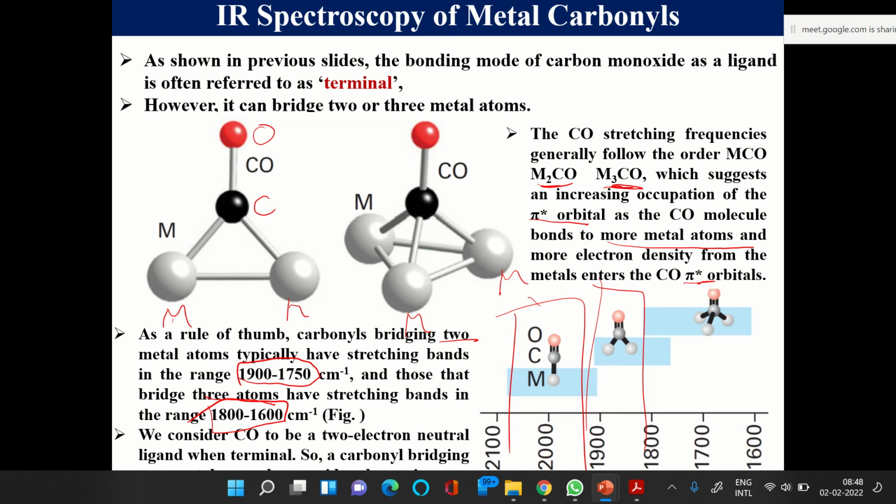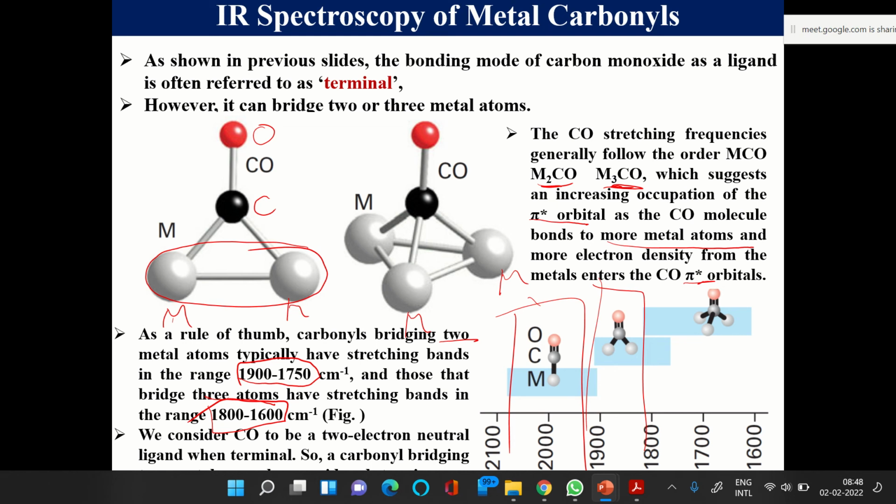You can also think of it this way: CO is considered to be a 2 electron donor neutral ligand. If it is coordinating with one metal atom, then 2 electrons are donated to one metal. If it is bridging like this, then those 2 electrons of the CO are going into both the metal atoms.